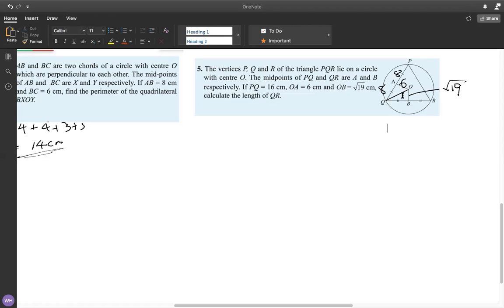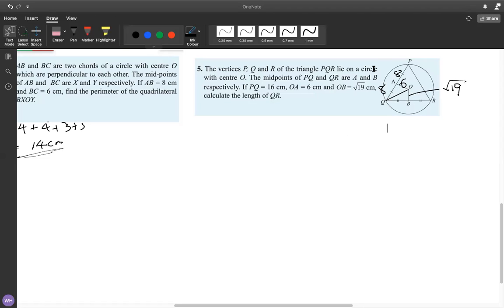We have drawn a line here, which means this is perpendicular. Then here you get a right angle triangle, isn't it? So what can you use? You can apply the Pythagorean theorem and find the length of OQ. And then here it is perpendicular, so you can apply the Pythagorean theorem again to the triangle OBQ. By using that, you can find the length of QB, and then you can use that length to find the length of QR.